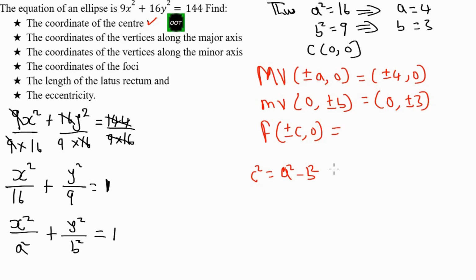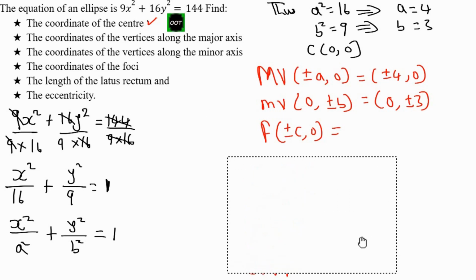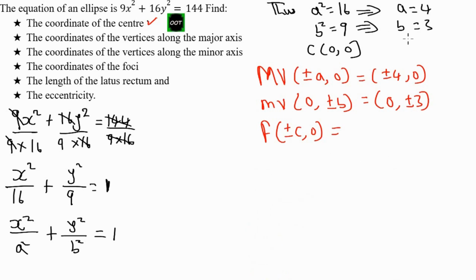C squared is 4 squared minus 3 squared, that's 16 minus 9. C squared is 7. Taking the root of both sides, c is the root of 7. Thus, we have the foci to be plus or minus root 7, 0.